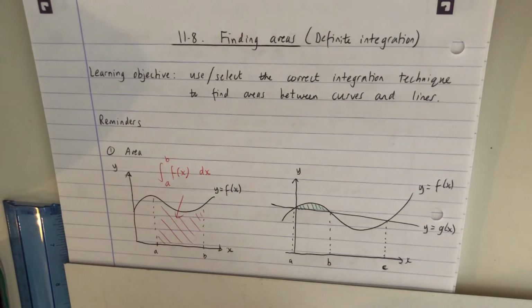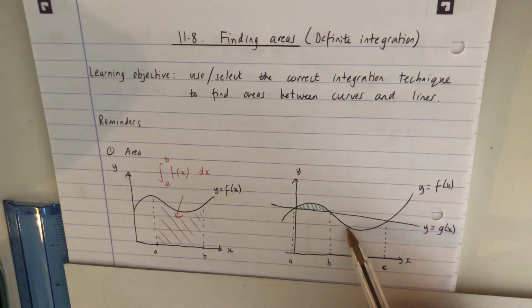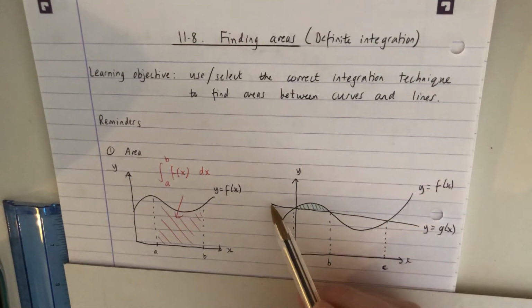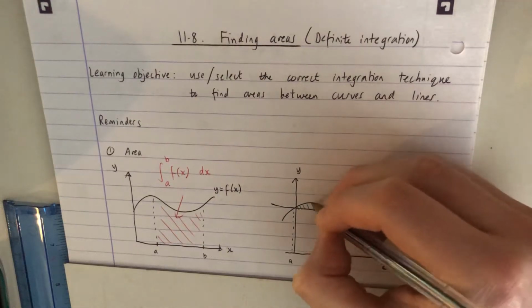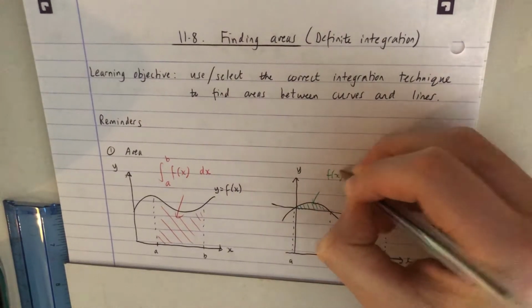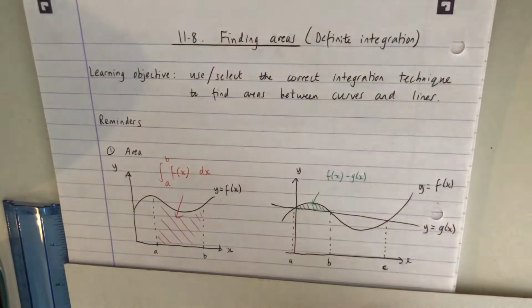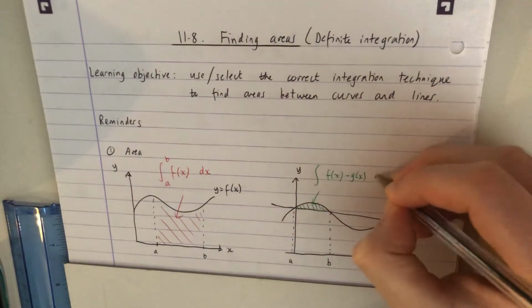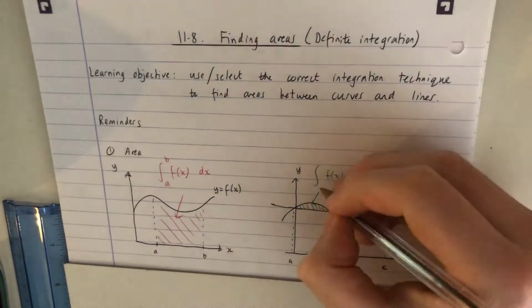Now there are at least two ways to do it, but the shortcut is the top curve, which in this case is f of x, subtract the bottom curve, which in this case is g of x, and then you integrate that. So you take the top curve, f of x, subtract the bottom curve, g of x, and you integrate with respect to x, with these being your limits.